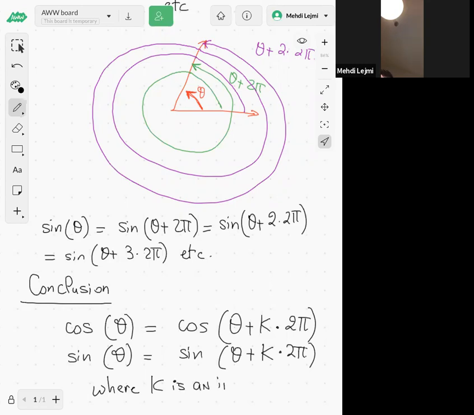For example, if k is 1, that's 1 full rotation; if k is 2, that's 2 full rotations, etc.